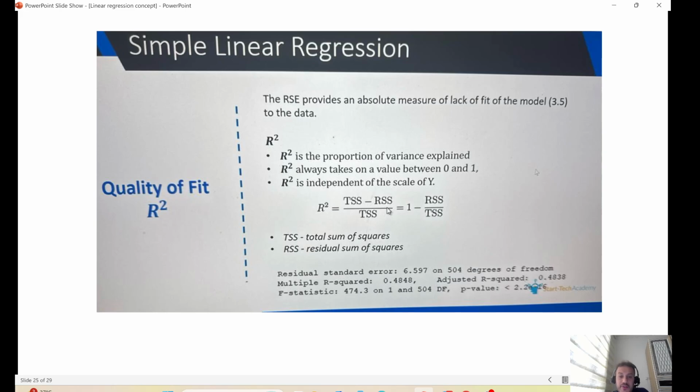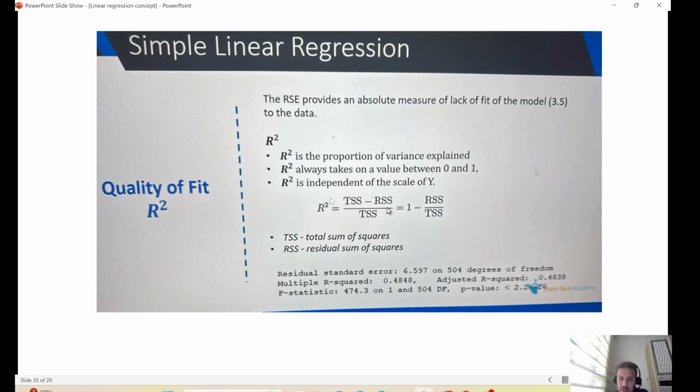To check whether your model fits or not, you have the residual standard error and the R square. R square is the total sum of squares minus the residual sum of squares, divided by the total sum of squares, and you will see your R square here, adjusted R square and multiple R square.